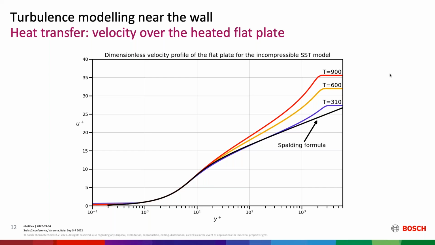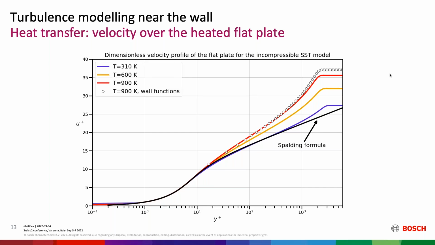And as the temperature of the plate increases, the velocity profile becomes steeper, moving away from the universal Spalding formula already quite early. So this universal formula actually does not hold anymore for a y plus of let's say 10 to 20.